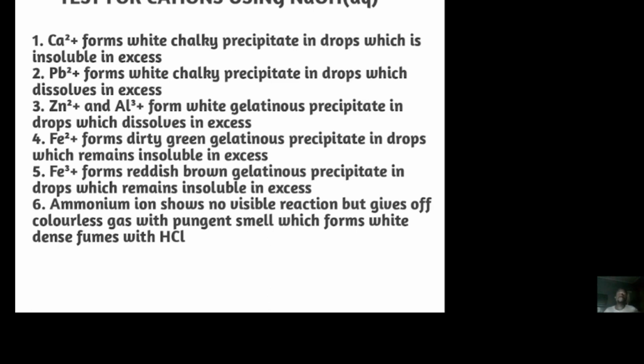Now, if you want to confirm that this is actually ammonia without any doubt, pass that gas through HCl, either the aqueous form or the gaseous HCl, and you find out that white dense fumes of ammonium chloride will be produced. So have that in mind, that if you want to test for ammonia gas, pass ammonia gas through HCl, and you have white dense fumes of ammonium chloride formed. So you have that. And these are basically the tests that once you consider, you will be able to identify these ions. Okay, having said that, let's move on to the next one.